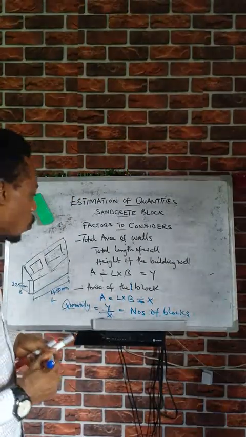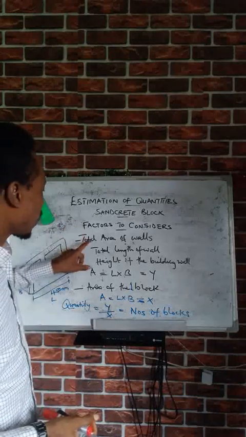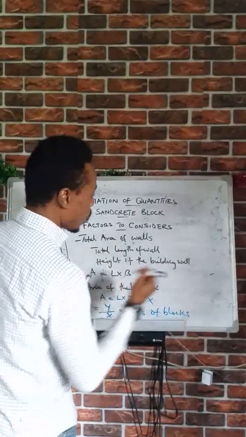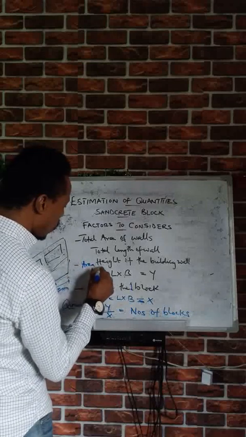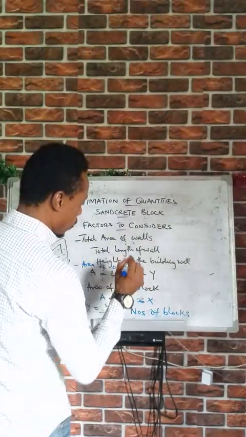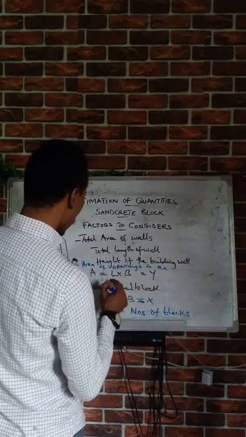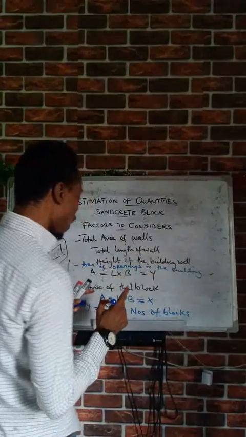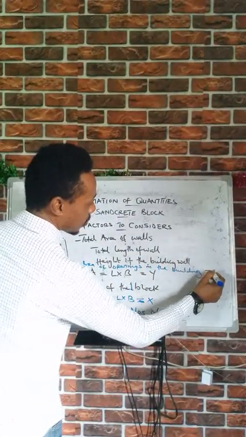But before you get to this point, once you have calculated the total area of your walls, y, you have to also check the total area of openings in the building. Let's say this is z.